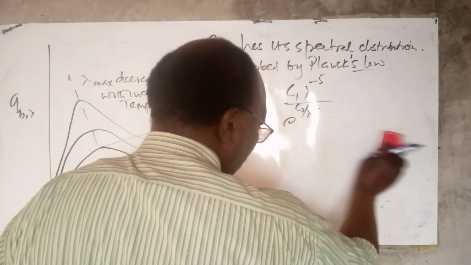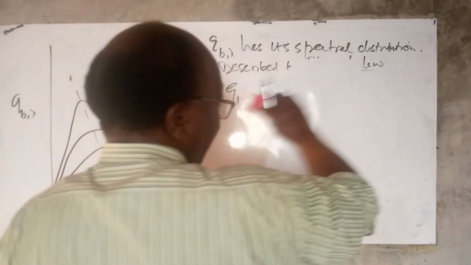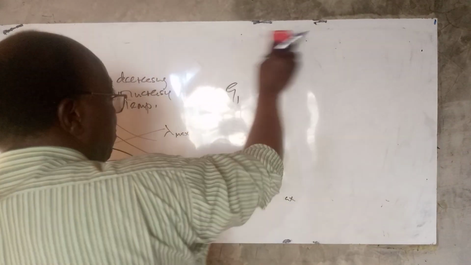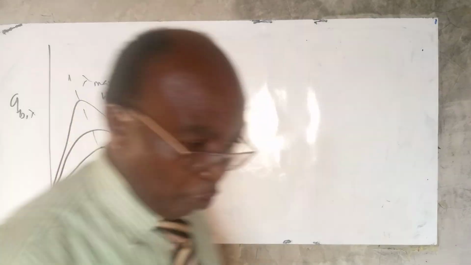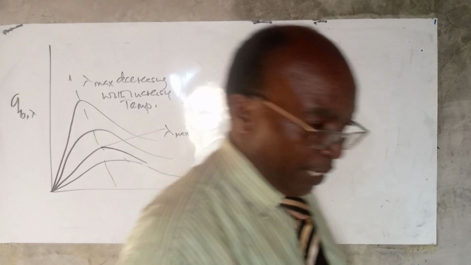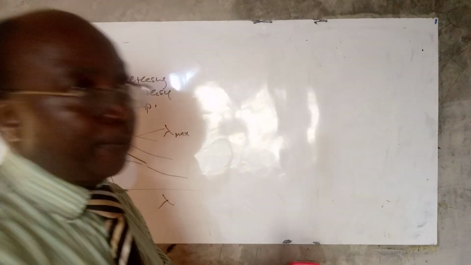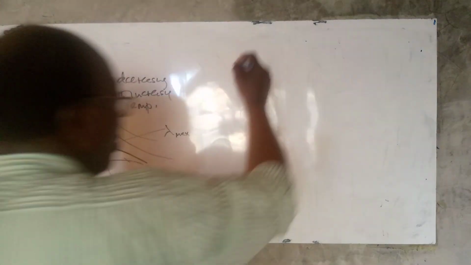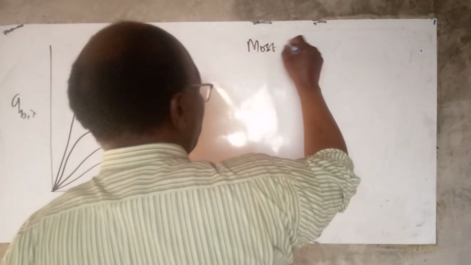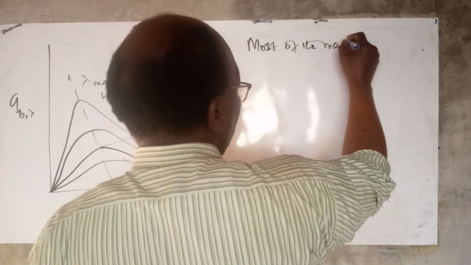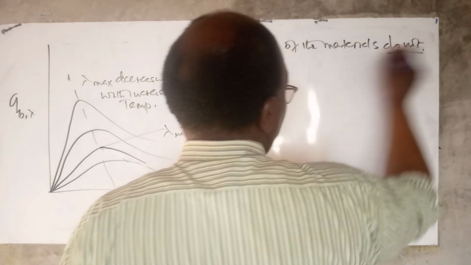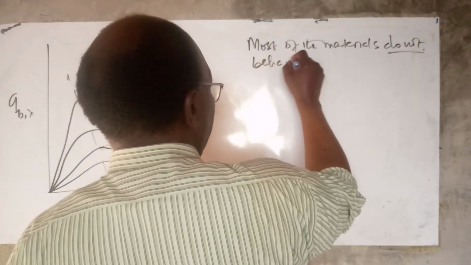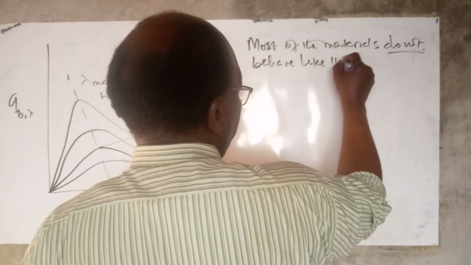Now, not all bodies behave like a black body, but there's a body which behaves like an ideal body, where most of the materials approach its behavior. So most of the materials do not behave like the black body.